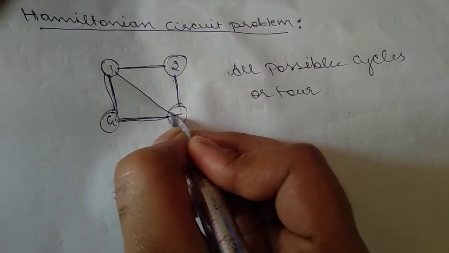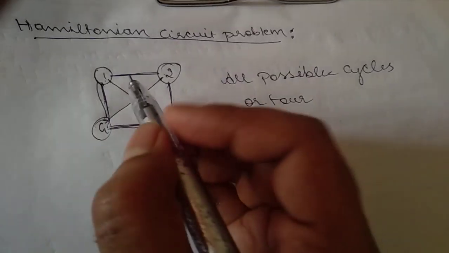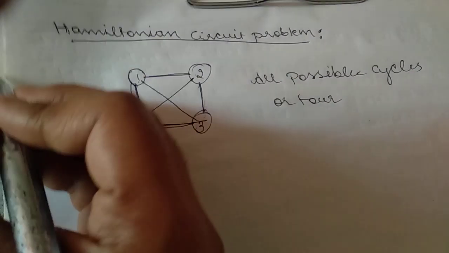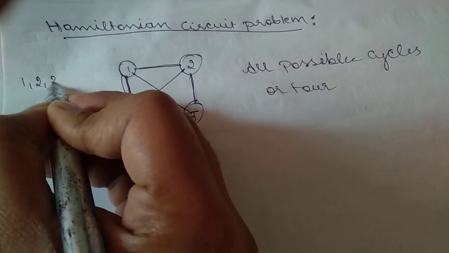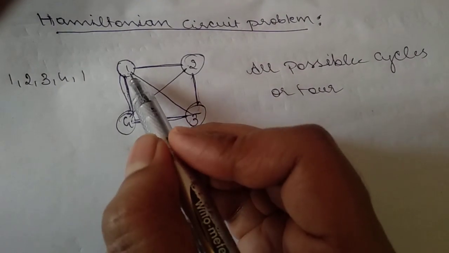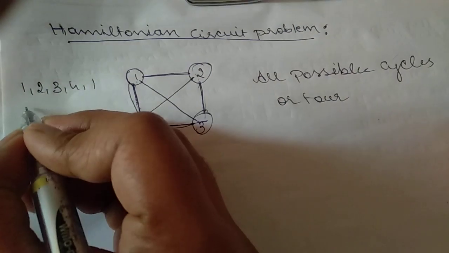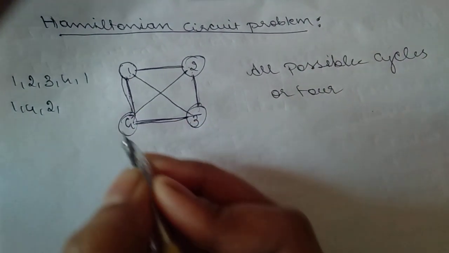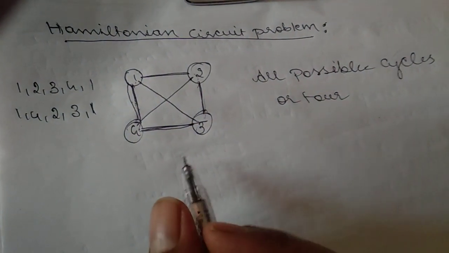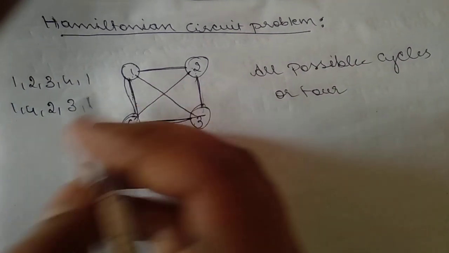See, for example, I have a graph like this. What are all the possible ways you can have a path here? 1 to 2, 2 to 3, 3 to 4, 4 to 1. Or else 1 to 4, 4 to 2, 2 to 3, 3 to 1. Then 1 to 3, 3 to 4, 4 to 2, 2 to 1.